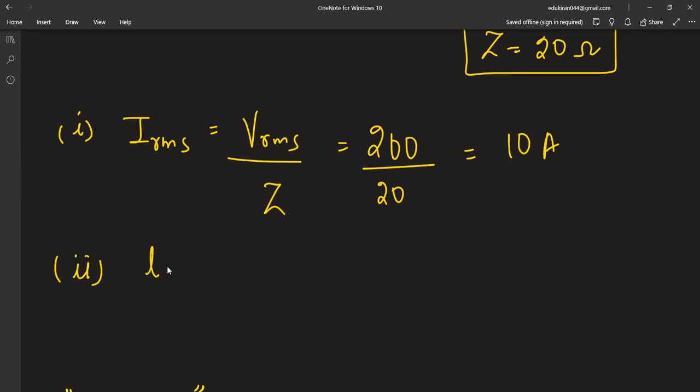Tan phi is equal to... Which formula should I use for tan phi? You have written a formula in your notes.